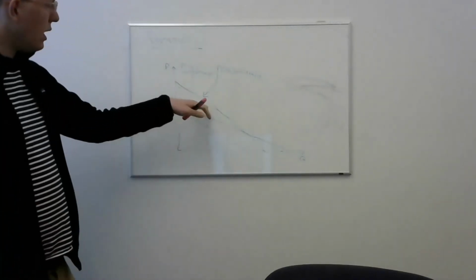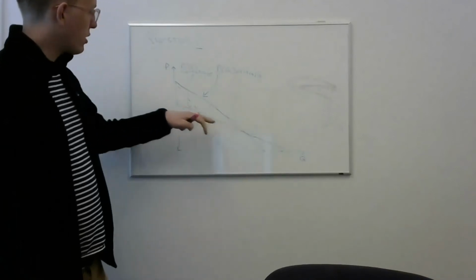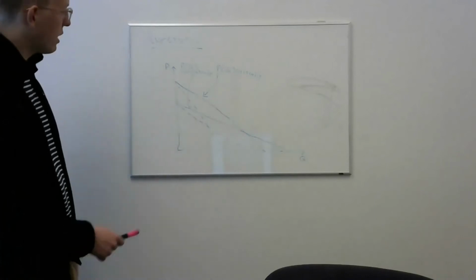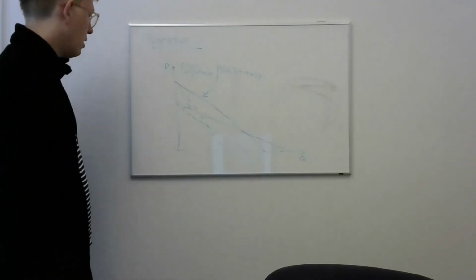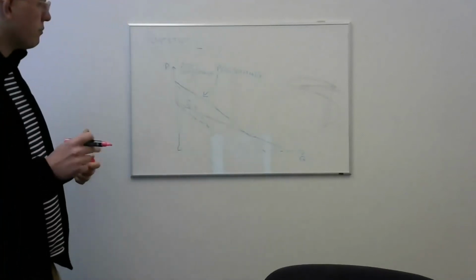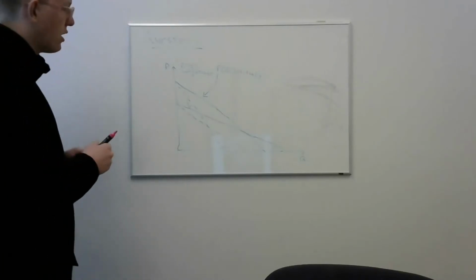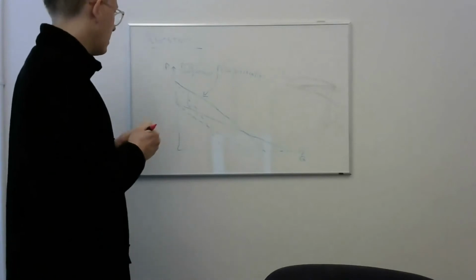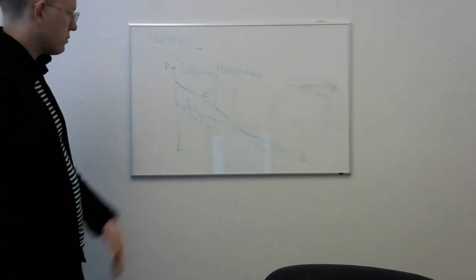And then when we open up to trade, we have a flatter inverse market demand for all firms' products, which has a lower y-intercept and then a shallower slope. And here, if you can see, the dashed lines are both marginal revenue functions for our initial autarky case and then our case of trade.